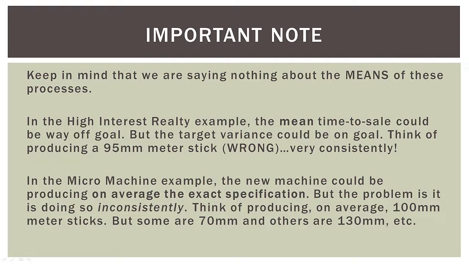But some are 70 millimeters, others are 130 millimeters, some are 80 millimeters, other ones are 115 millimeters, but on average, they're 100 millimeters. Well, that's not right either. So you have to think of these two things that are going on: the mean of the production process, or whatever it is you're looking at, and then the variance, which of course is the spread, or the width of the distribution.